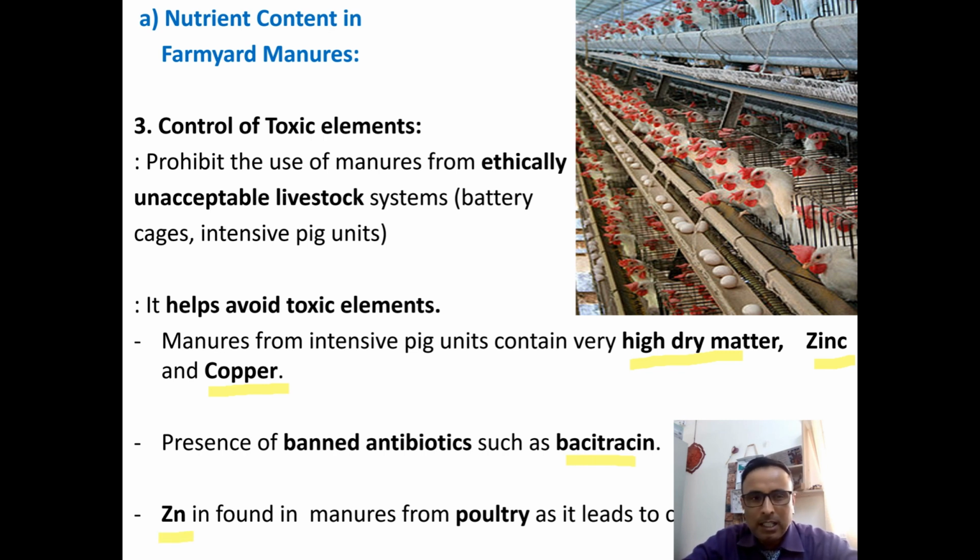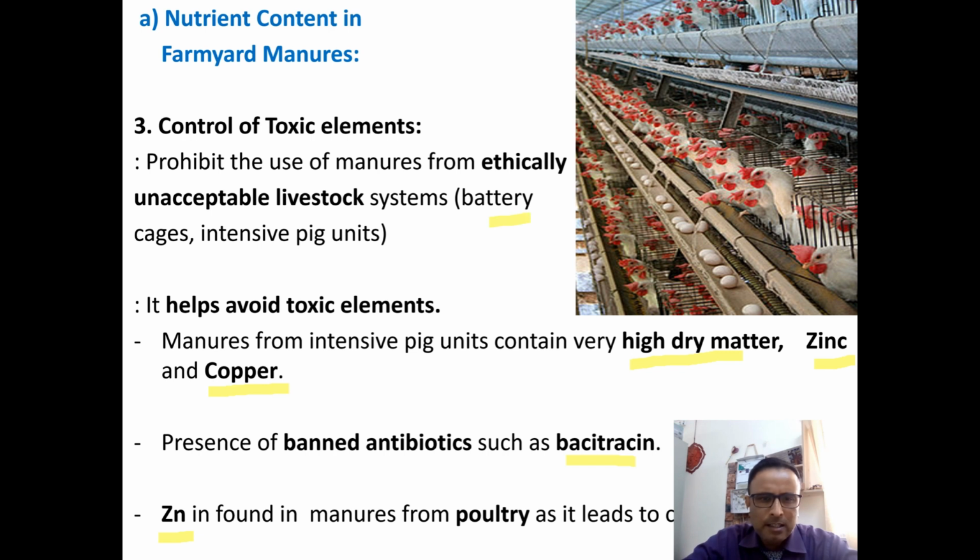So the waste material from these ethically unacceptable livestock systems cannot be used in biofarming, because ultimately whatever manure you generate has to be applied to the soil. All this copper, zinc, high dry matter, and banned antibiotics will ultimately go into the soil.